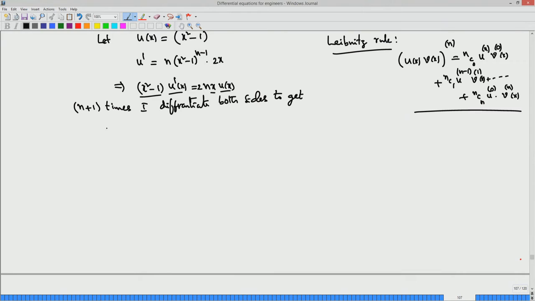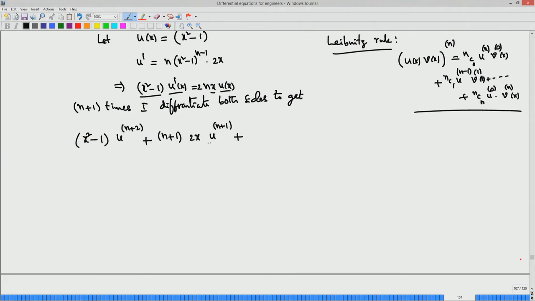Start with x² − 1: n+1C0, that is 1, times (x² − 1), and differentiating u n plus 1 times gives u^(n+2). Plus n+1C1, you differentiate x² − 1 once to get 2x, and u is differentiated n plus 1 times.